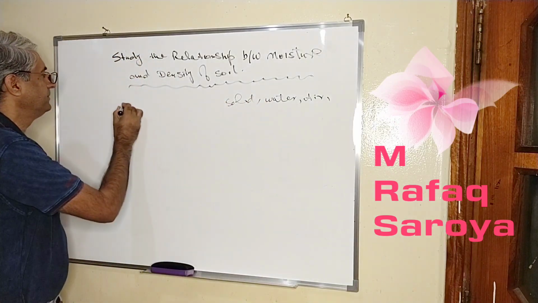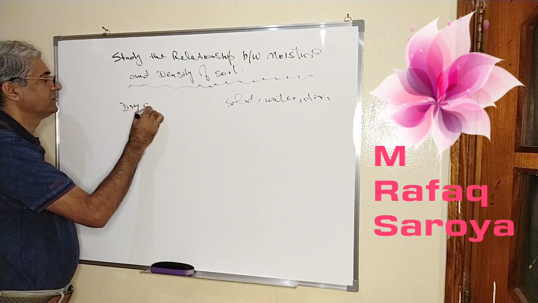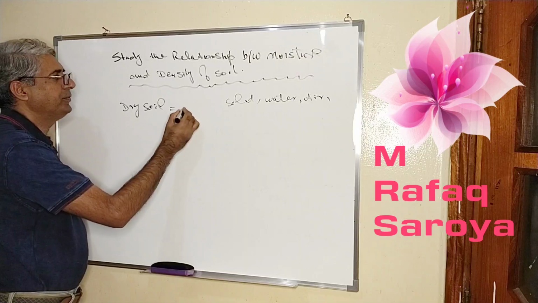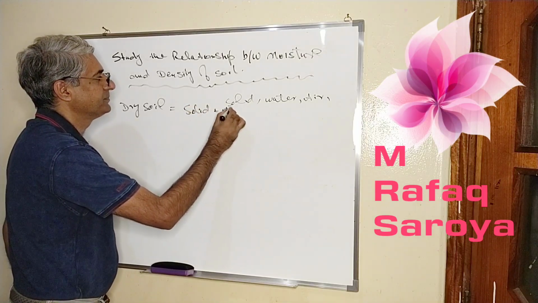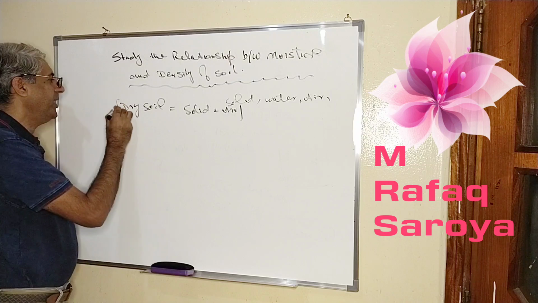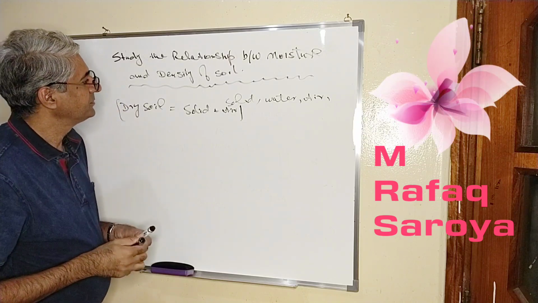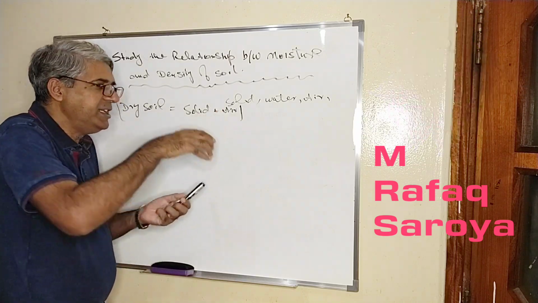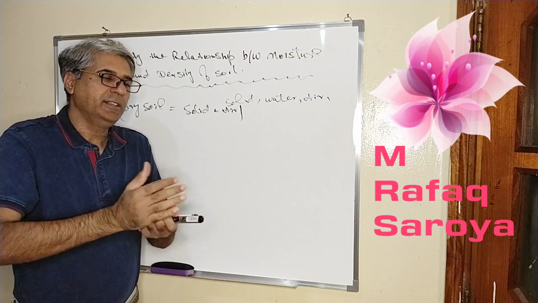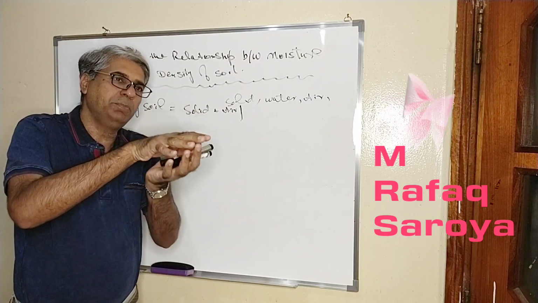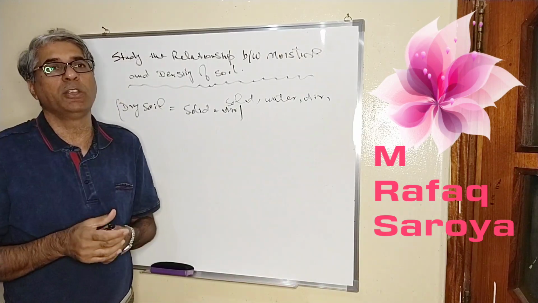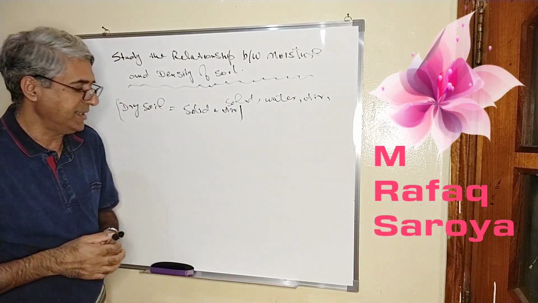This dry soil only consists of solid plus air. When water is added and it is compacted, the air is removed and the soil is solidified. Its density is increasing.